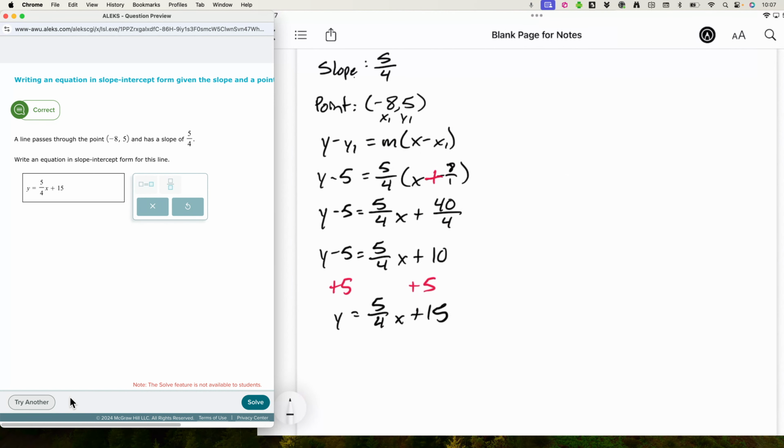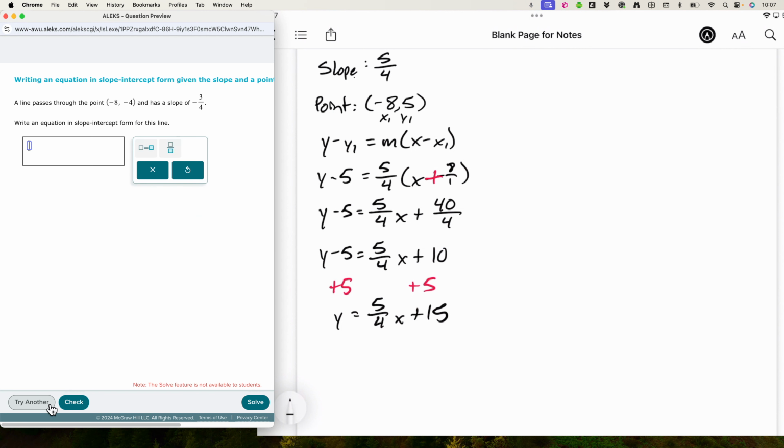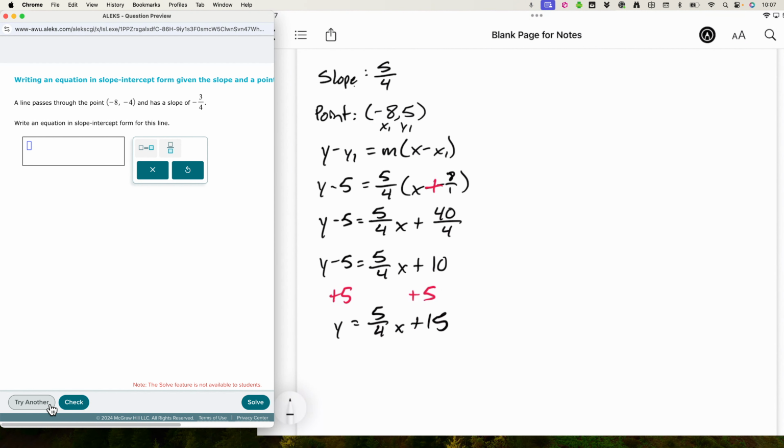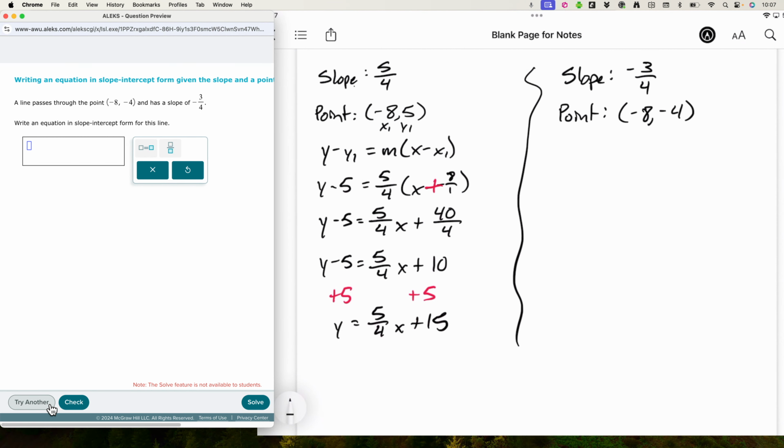Okay, and we're going to give this one more round. This time we have a slope that is -3/4. We do not have a y-intercept, but we do have a point. -8, -4. x1, y1.